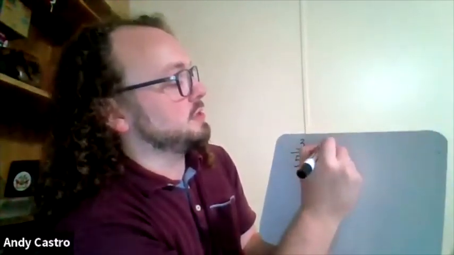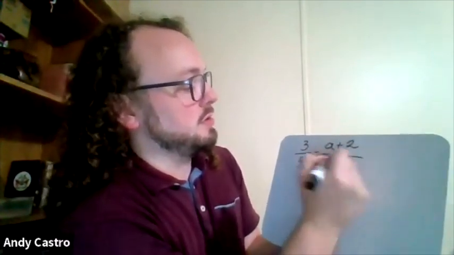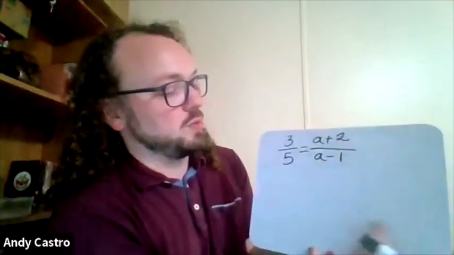All right. Let me give you an example, and then I'll have you send me your answer. So go. 3 over 5 equals a plus 2 over a minus 1.